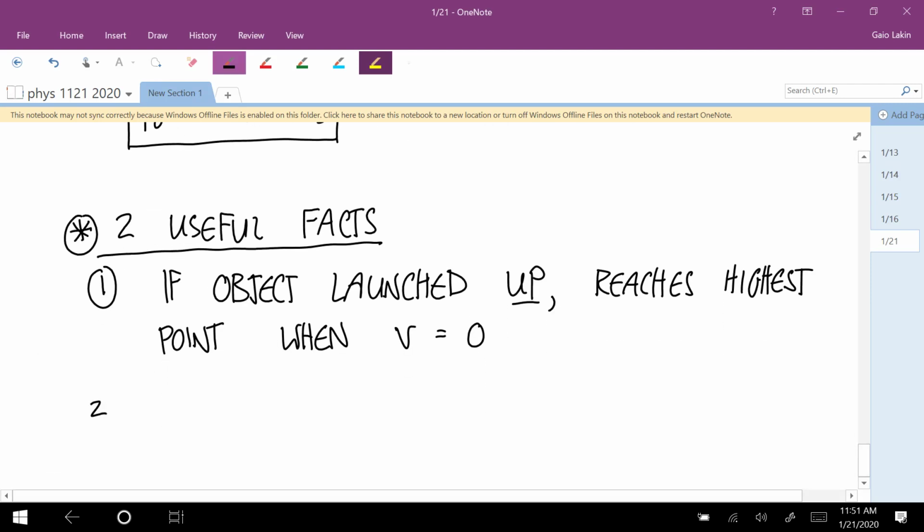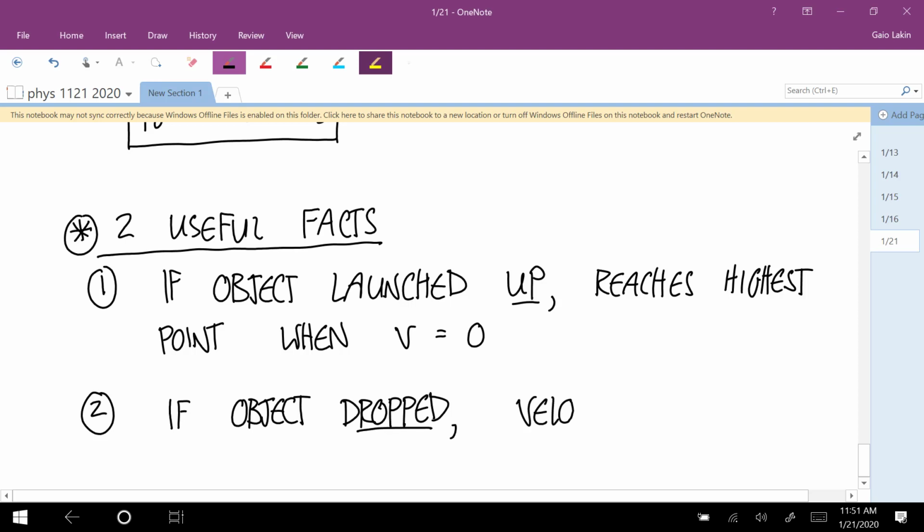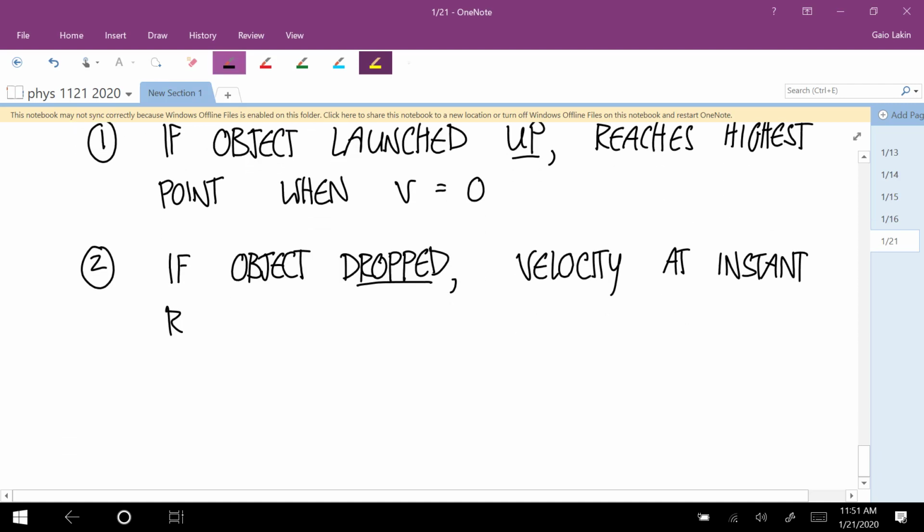And the second fact is if an object is dropped, like it was in this case, its velocity at the instant of release is the velocity of whatever it's dropped from.